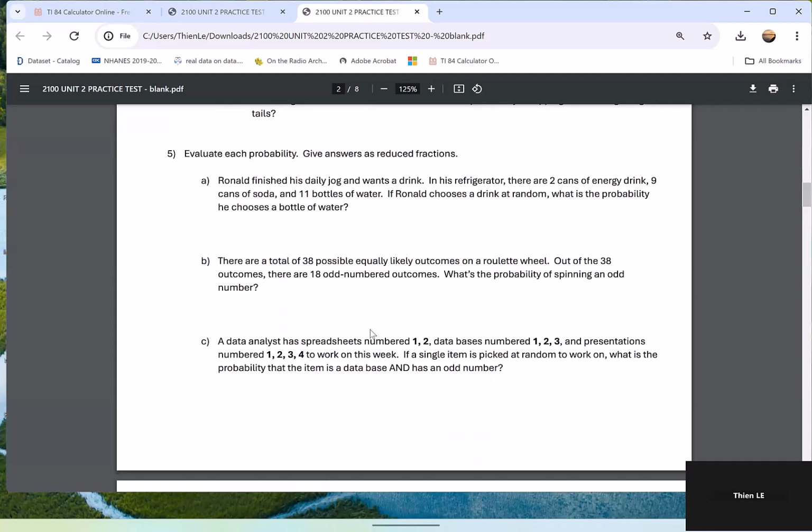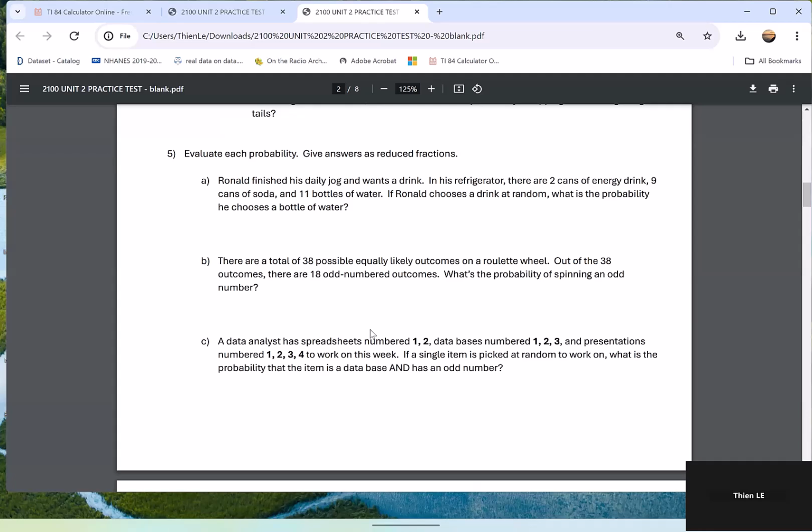Evaluate each probability, give the answer as a reduced fraction. Ronald finished his daily jog and wants a drink. In his refrigerator, there are 2 cans of energy drink, 9 cans of soda, and 11 bottles of water. If he chooses a drink at random, what is the probability he chooses bottled water?